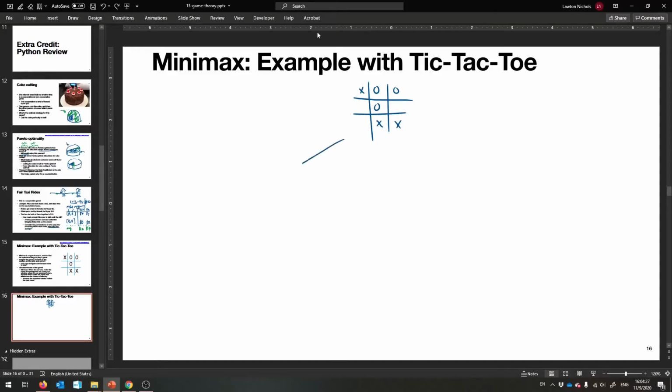So let's pretend that we try all of them. We're going to simulate the entire game, remember. So let's say this one is going there. So X, O, O, that's going here. That's one move. Then the other move is if we went here or here. Those are the other two moves.